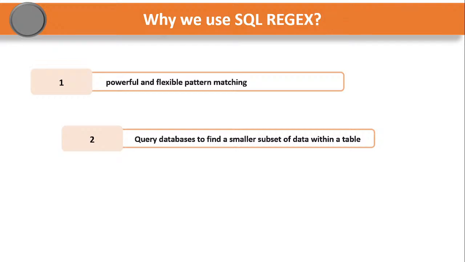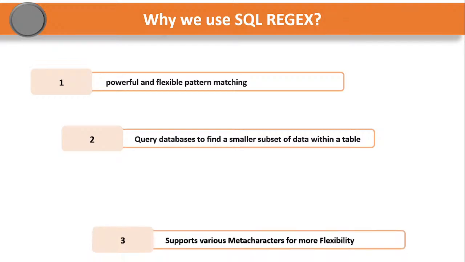A simple example: if you want to find a name that starts with ABC, we use ABC percentage, which matches any row that begins with the characters ABC. In many cases, LIKE is limiting and other solutions have been sought as a means to perform more complex queries. That is the reason we started using SQL regex.